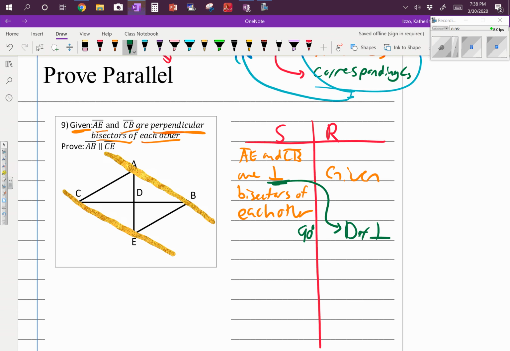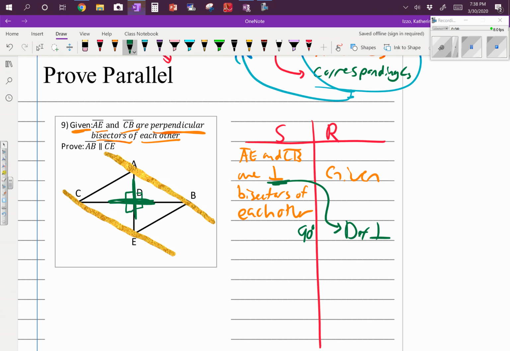That is what perpendicular means. Remember, perpendicular and bisector are two completely different words. Perpendicular means 90 degrees, bisectors mean chop in two pieces. So we've got AE and CB creating 90-degree angles. So all of these angles right here at D are going to be 90 degrees.